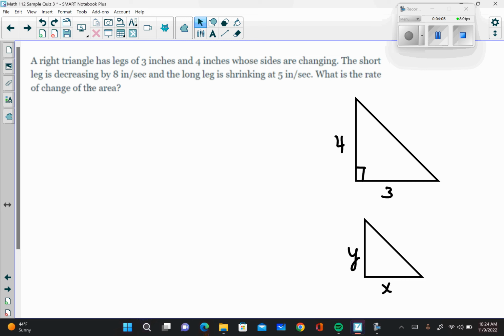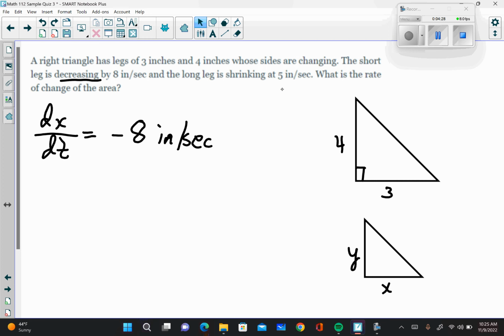The short leg, that would be the 3, is decreasing at a rate of 8 inches per second. That means the derivative of the short side with respect to time is 8 inches per second, but decreasing, so it's negative 8 inches per second.